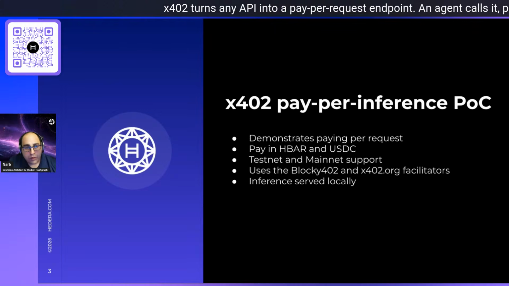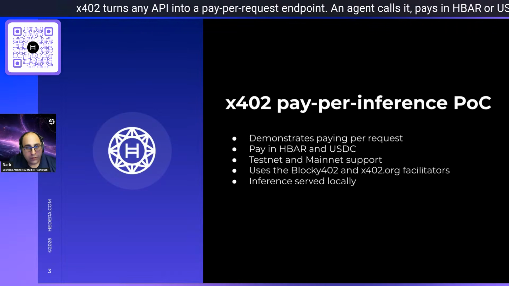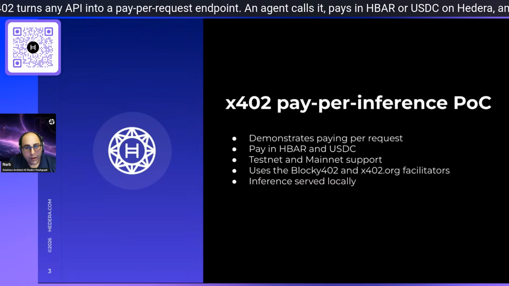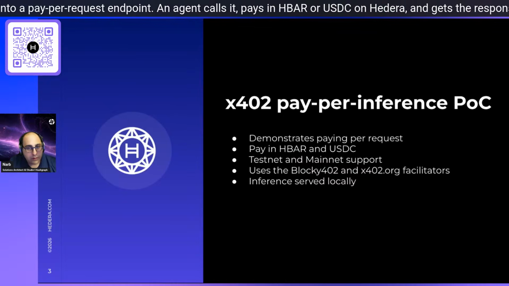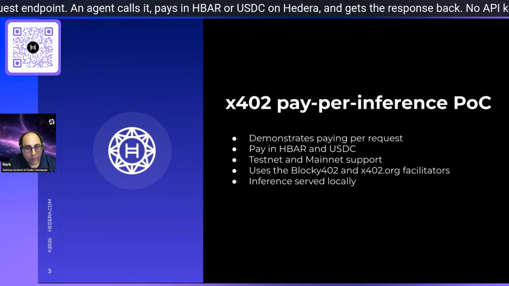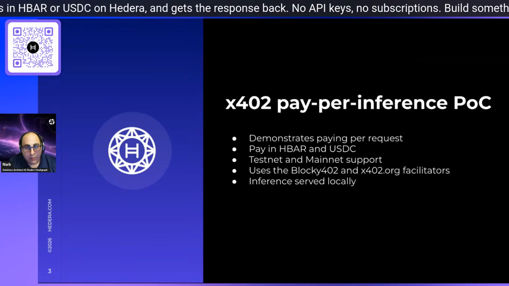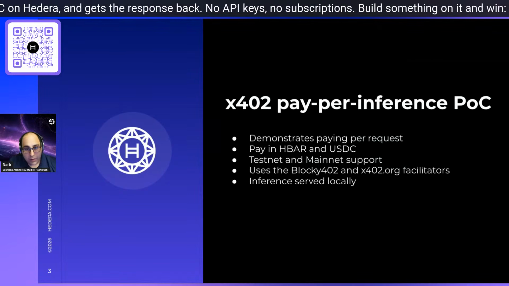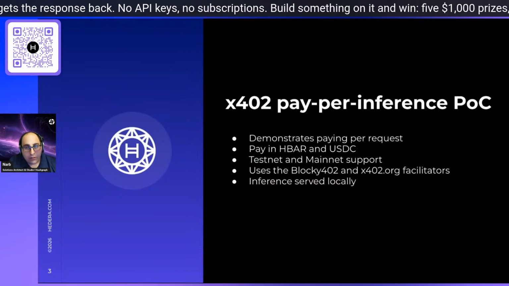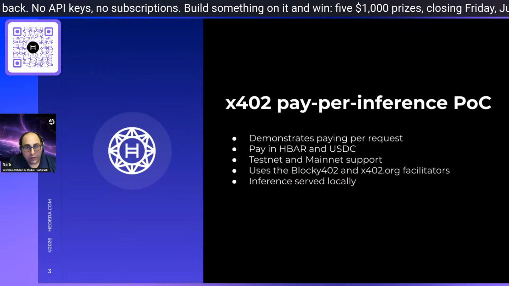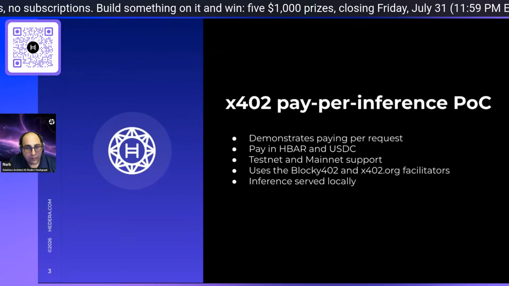Underneath, we're going to be using two facilitators. One is run by a group called Blocky Devs, where their facilitator is the Blocky 402 facilitator. So they support both testnet and mainnet. And the x402.org facilitator for testnet itself.